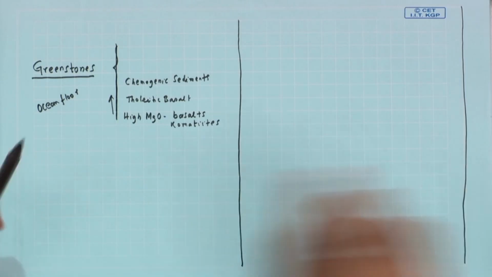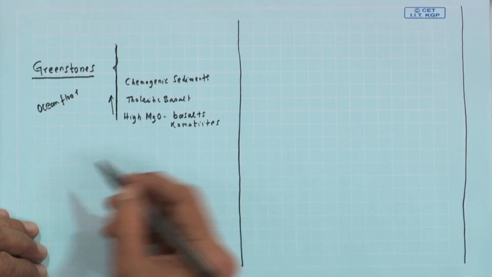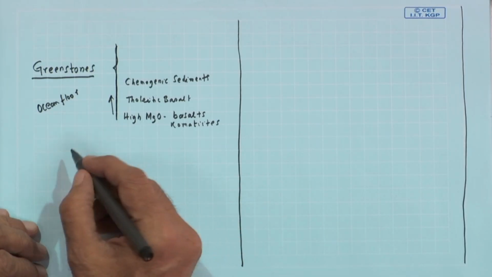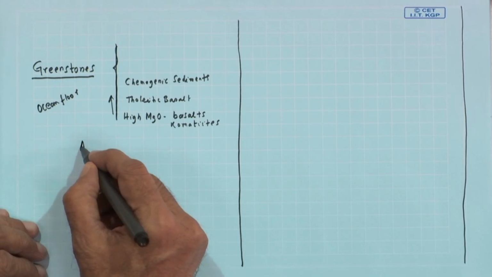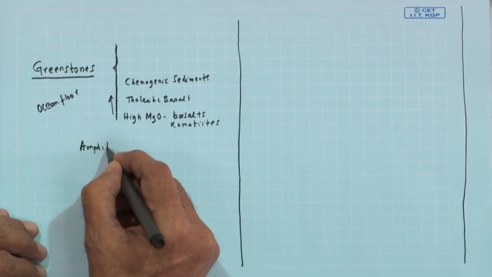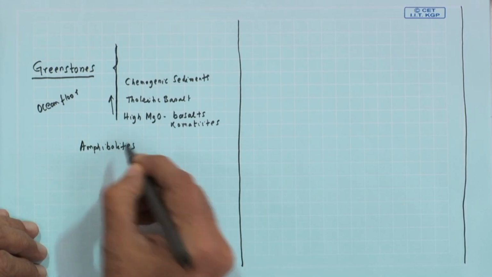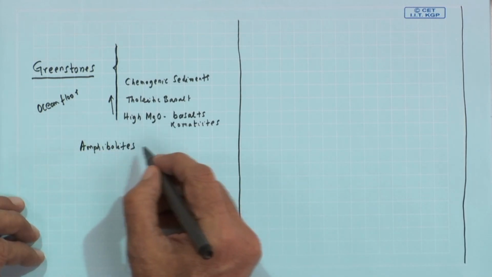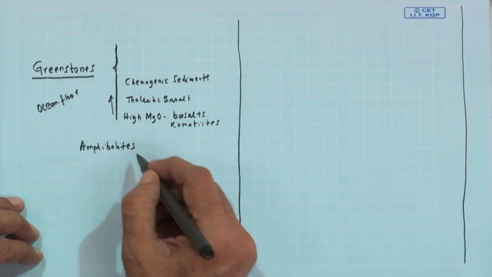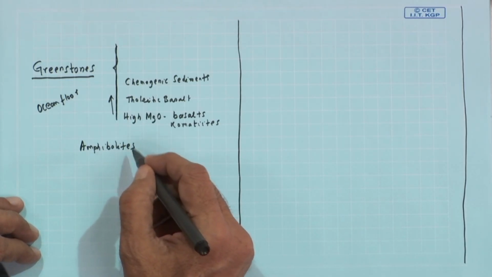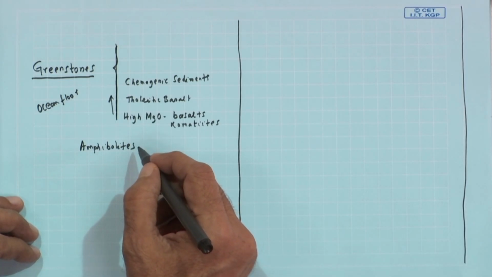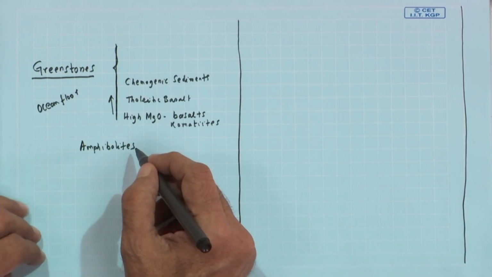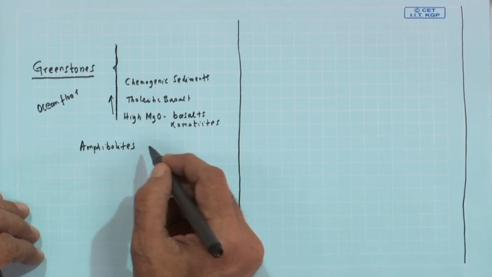What we observe in the greenstone belts are mostly amphibolites, and they occur as curvilinear belts extending for several kilometers in strike length and extending deep for even a few kilometers.